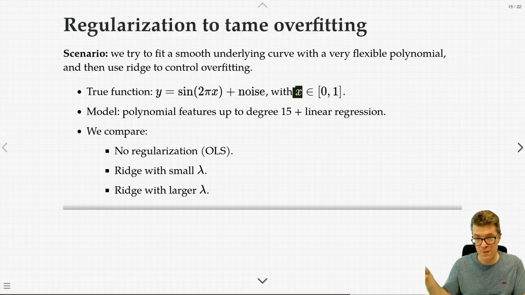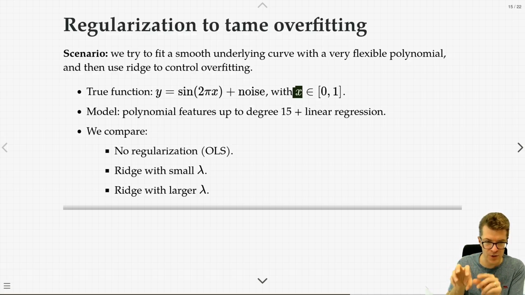Here we have degree 15, so x to the 15 times something plus, and so on, you get the idea. We'll have all these parameters, the somethings I'm talking about, those are the betas, the weights, and we're going to find the values of beta that are optimal with no regularization, using the methods we talked about previously. Then with the ridge term added with a small lambda, so we regularize but not too much, and then we're going to look at ridge with a larger lambda, so that's regularizing to a larger extent.